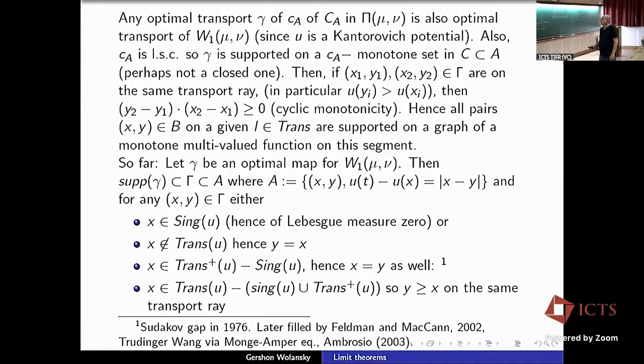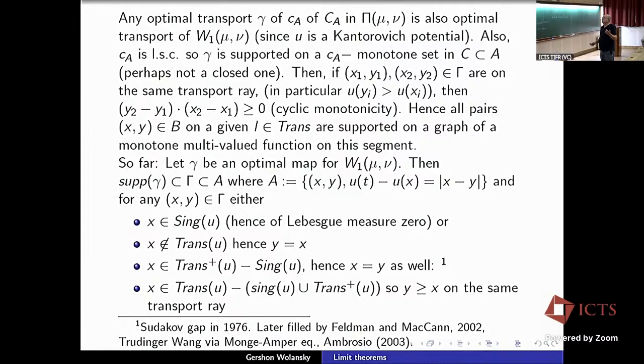So these are bad points, but in fact, it was later, years after the first proof of Sudakov, that Gangbo and McCann, I think, proved the claim that this is actually a null set because u is c-concave.